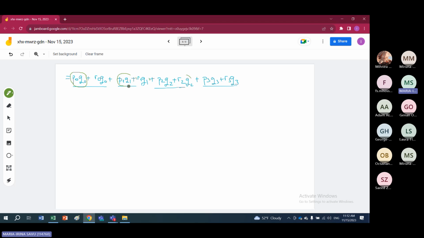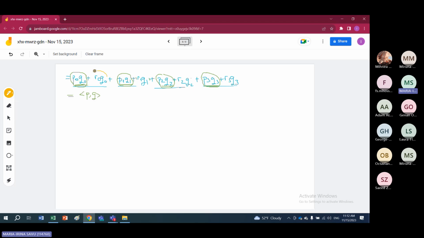This one with this one with this one and with this one. But then I have to use again the definition of the inner product. So the sum of these terms, this one plus this one plus this one plus this one, will be equal to PQ.